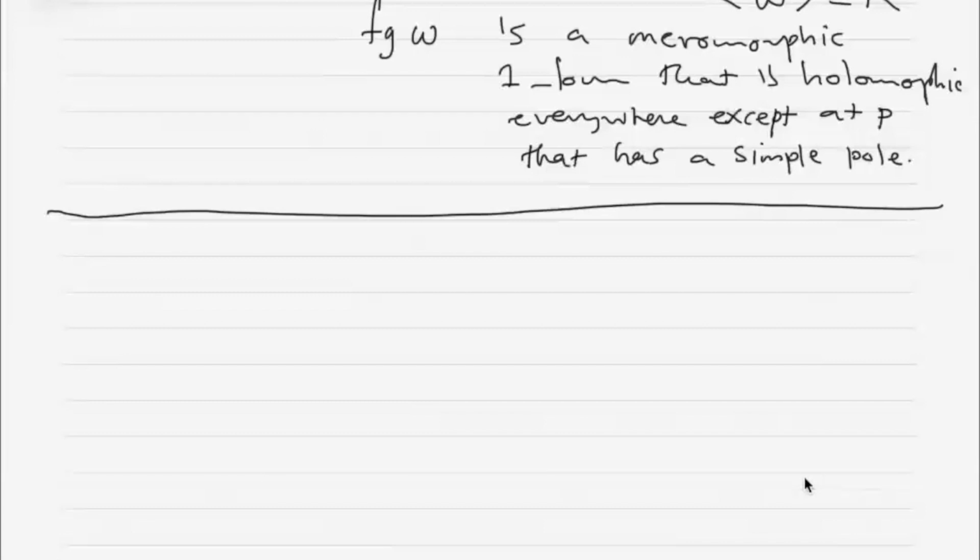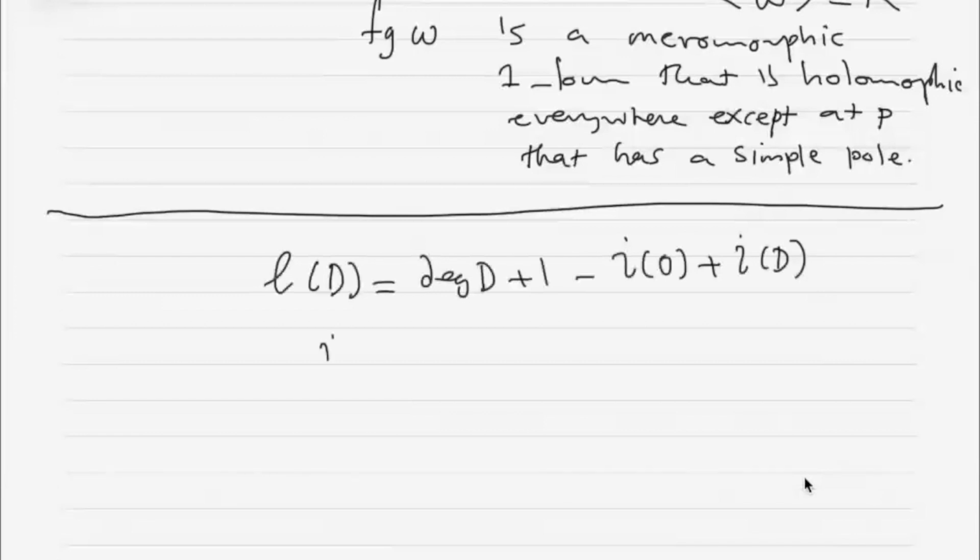So I want to prove a version of Riemann-Roch that probably is due to Riemann, and says this, that L of D is degree of D plus 1 minus I of 0 plus I of D, where I of D is the speciality of D.